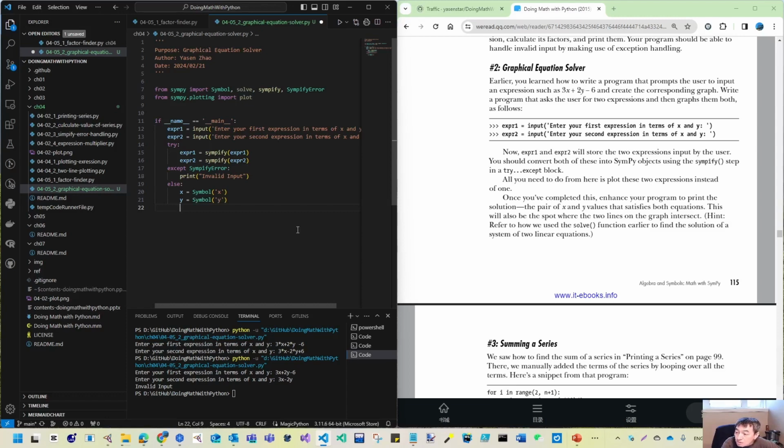We just try to do the solve. Let's define a function, called solve and plot equation. That is our target. We should pass expr1, expr2, and x and y as the symbols.